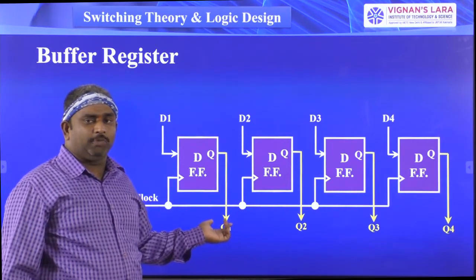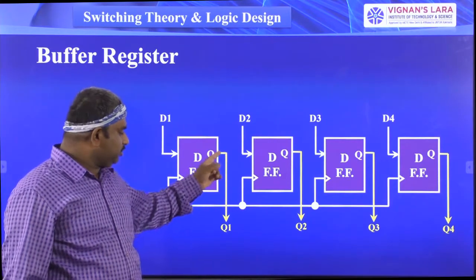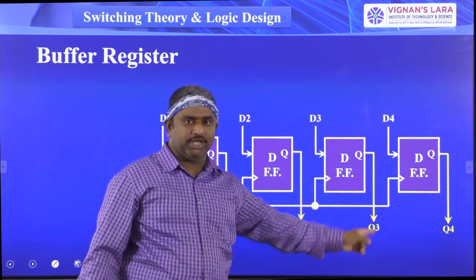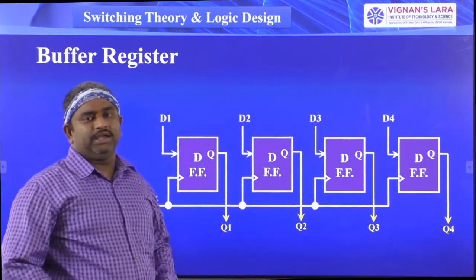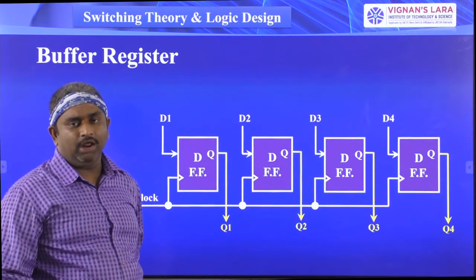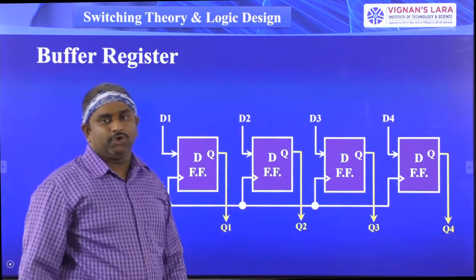The D flip-flop has an output terminal called Q, which I represent as Q1, Q2, Q3, and Q4. So the data is given at the input side as D1, D2, D3, D4, and collected at the outputs Q1, Q2, Q3, Q4.